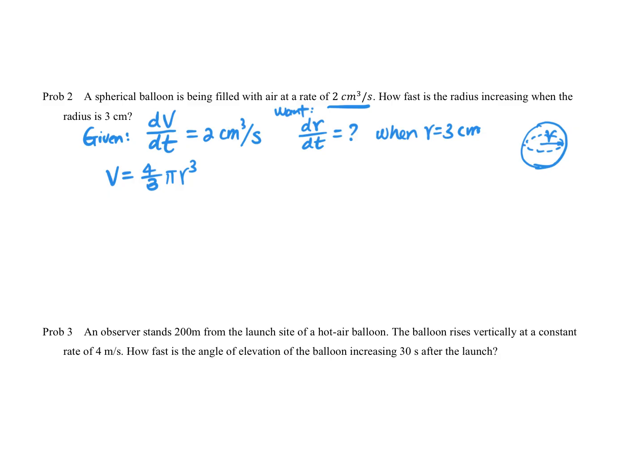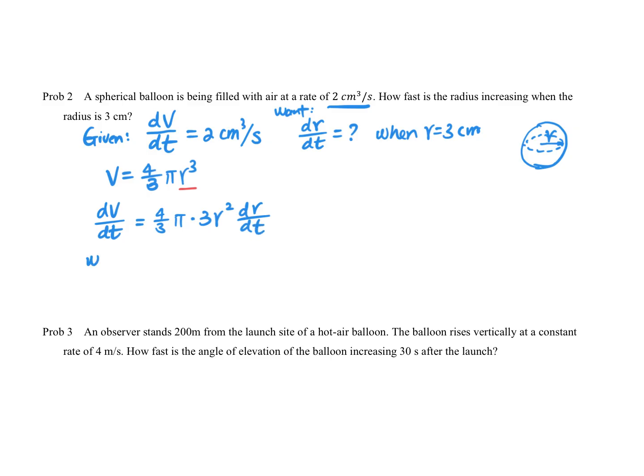At the next step, we are going to differentiate both sides. So dV dt with respect to time equals 4/3 pi times, all right, chain rule is used right there, we have 3r squared and dr dt.